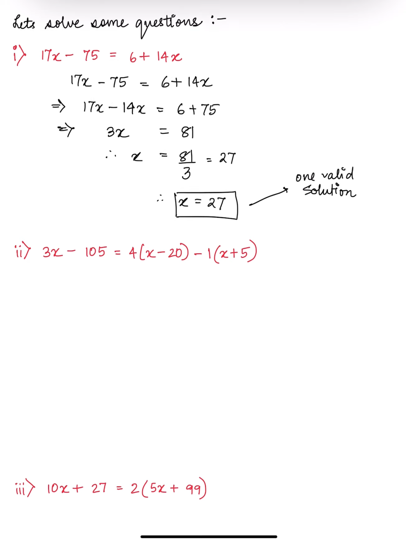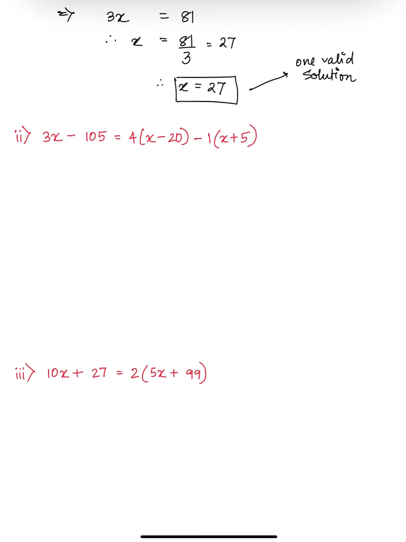Now moving on to the second question, that is 3x minus 105 will be 4x minus 80 minus x minus 5, right? If we get rid of the brackets. So 3x minus 105 is 4x minus x is 3x, and minus 80 minus 5 is minus 85.